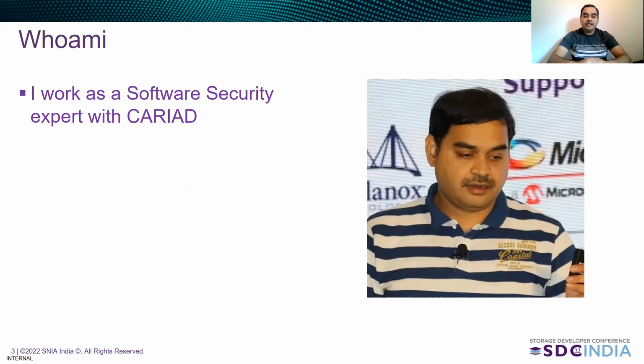All of these companies are offloading their software development to CARIAD. Within CARIAD, there is a security team called TS, and I am part of that team. I'm specifically into vulnerability management, which encompasses applications in the car as well as in the cloud. That automatically brings me to the topic of APIs, because APIs are used heavily everywhere. That's why I chose API security for the presentation this time around.